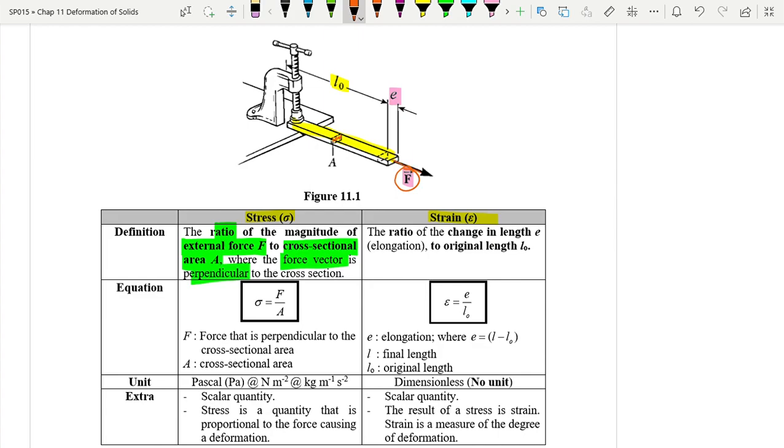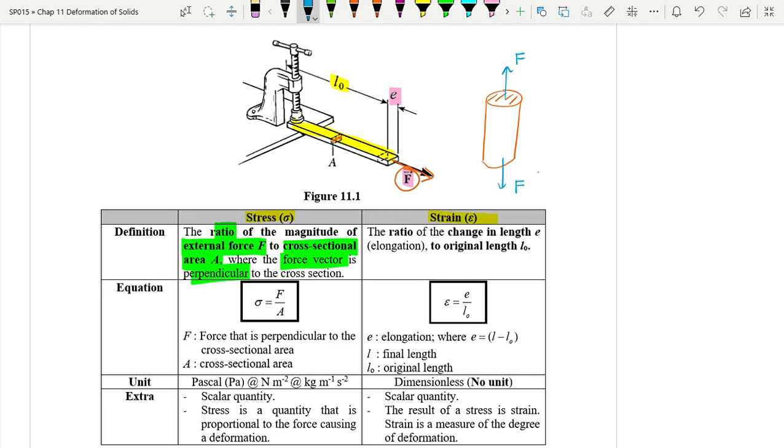So the force applied is 90 degrees to the cross-sectional area. Let's say we imagine the material is a cylinder. Here is the cross-sectional area. The force applied should be 90 degrees to the cross-sectional area, either at one end or the other end. So that is stress.